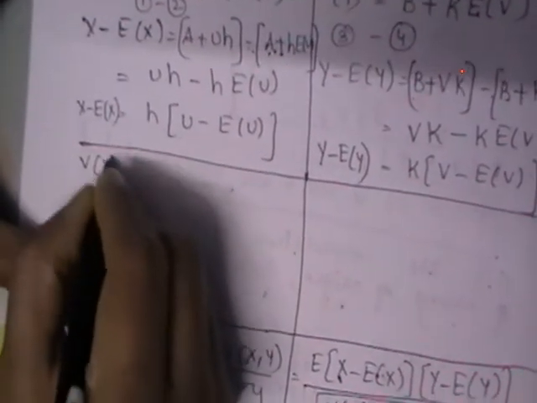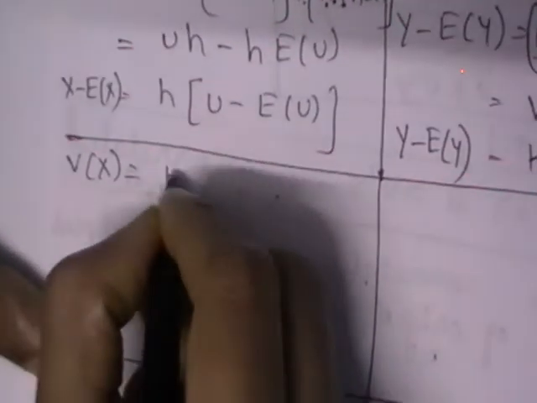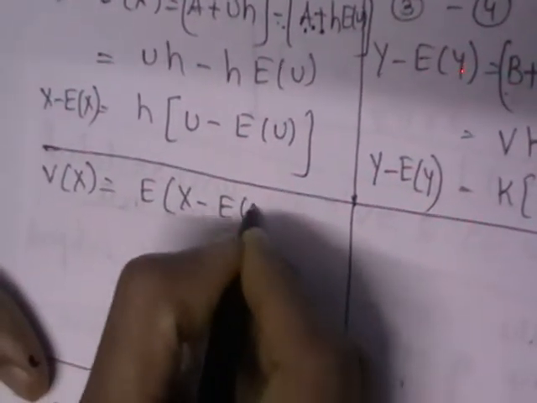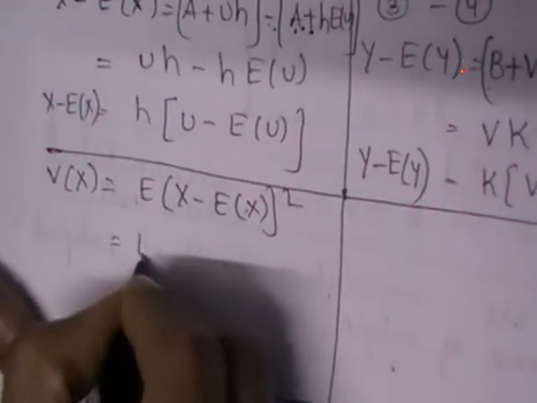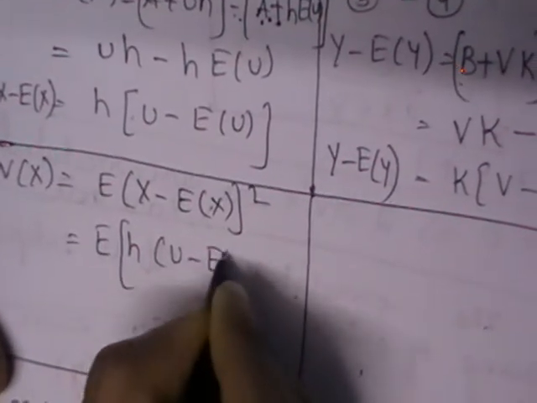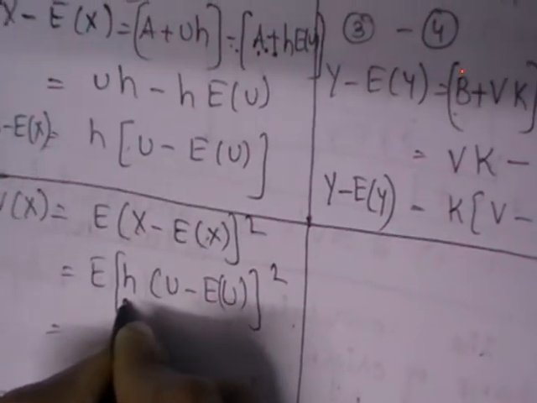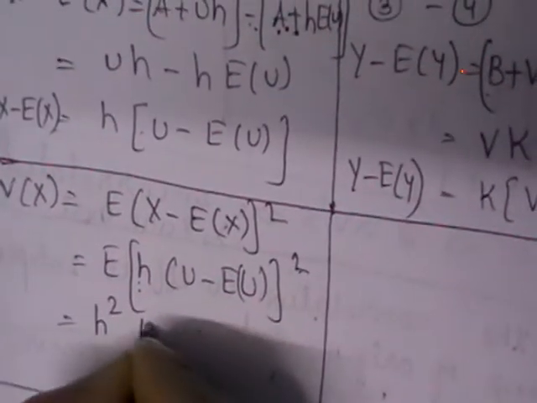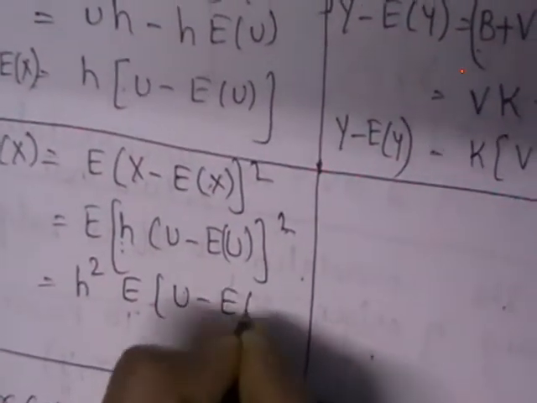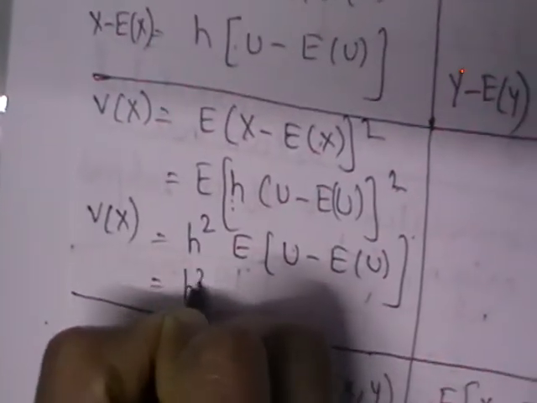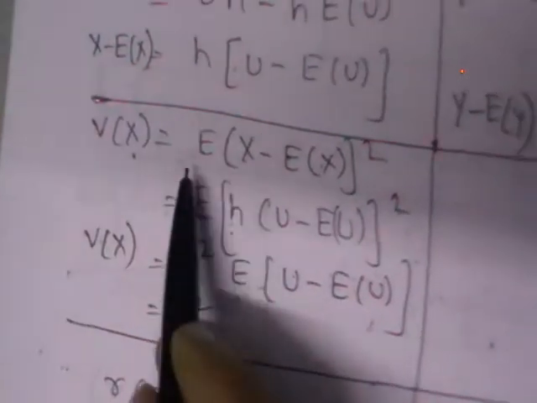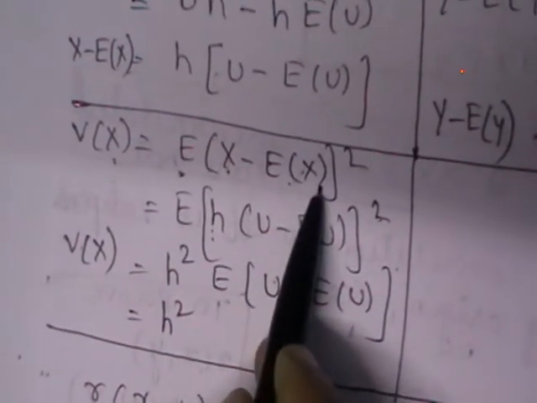First let us find variance of x. What is the formula for variance of x? Expectation of x minus e of x whole square. What is x minus expectation of x? You got h into u minus expectation of u, whole square. You know that h, k, a, b are constants, so after squaring you can take h square out of the expectation, leaving expectation of u minus expectation of u whole square.